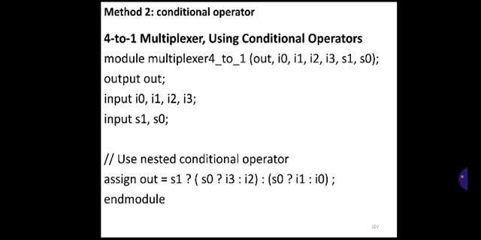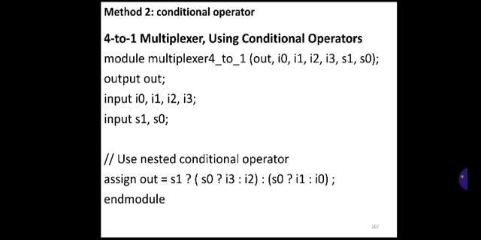Now observe, if S1 is 1, then go to the first expression S0 question mark I3 colon I2. If S0 is 1, then I3 is assigned to out. If S0 is 0, then I2 is assigned to out.